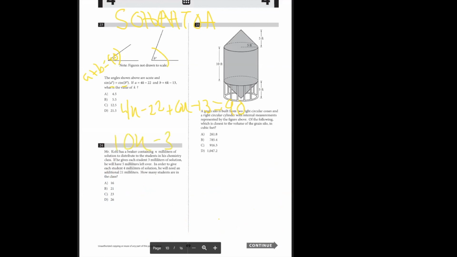This is a 35 over here. You can move the 35 over to the other side. That ends up being 125 equals 10K. You divide by 10 on both sides. You don't need a calculator for that. It's 12.5. So that's the answer. And that's the best way to do that problem. It's an important concept because I've seen it several times and it could very well show up on our SAT on August 29th. So now that we know how to do it, hopefully when we get a problem like this, you guys all get it right.